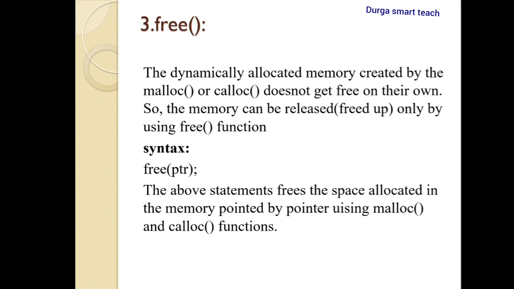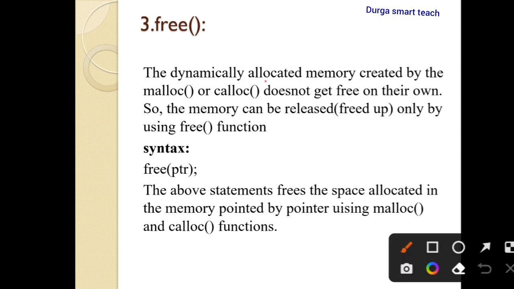Next one is free. Free is used to free the dynamically allocated memory, that is, unused memory. The dynamically allocated memory created by malloc or calloc does not get freed on its own. If you are not using any malloc or calloc memory location, it will not be freed on its own.